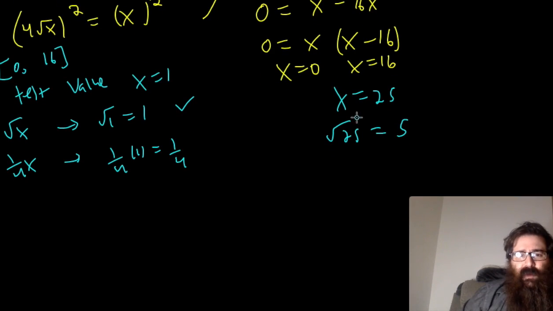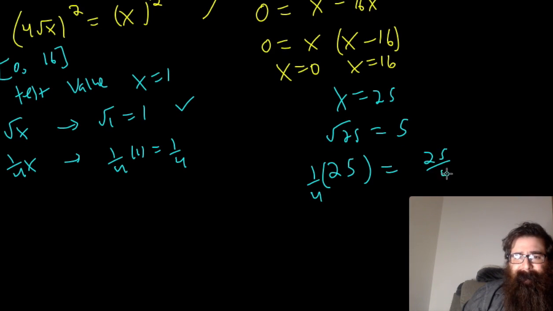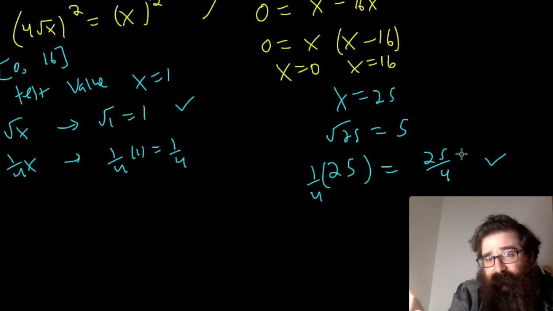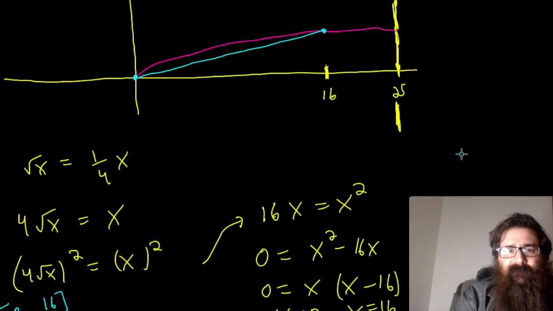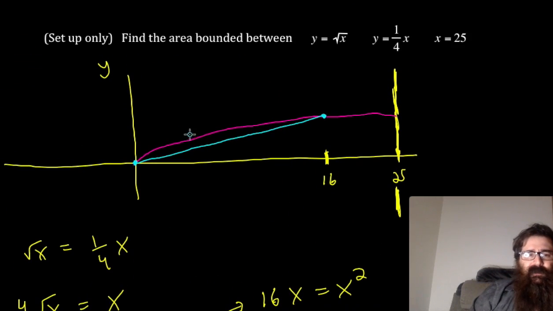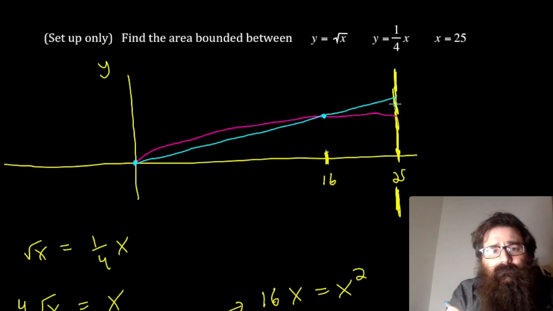And then we have 1/4 times 25, which is 25 divided by 4, and of course this is going to be larger now, since 25 divided by 4 is a larger number than 25 divided by 5. So we do have that role reversal where the linear function, after x equals 16, now becomes the upper function.